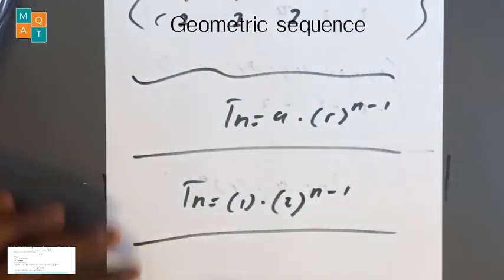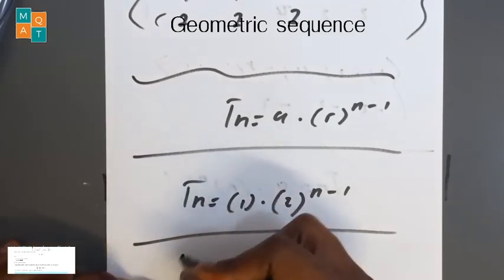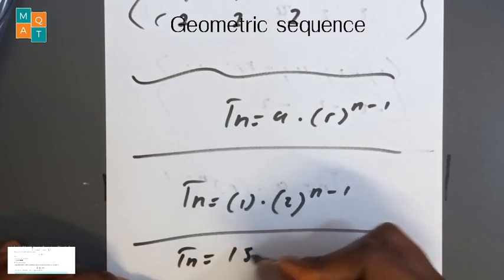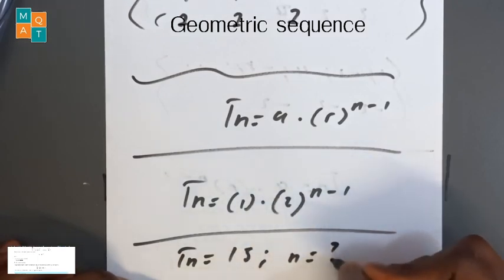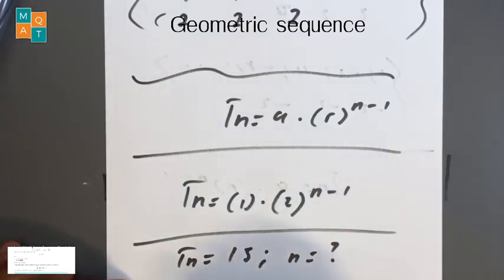Now, let's say that some value of our geometric sequence, Tn, is equal to 15. If Tn is equal to 15, they ask, what is the value of n? Well, let's use this equation that we derived previously to find the value of n.